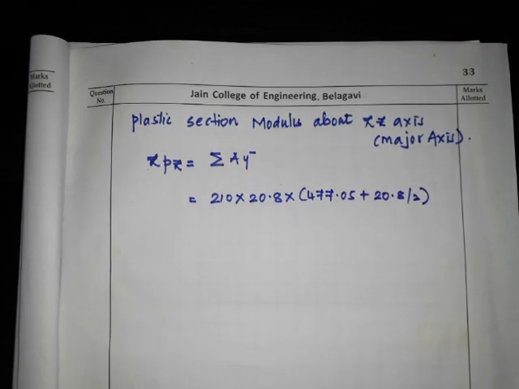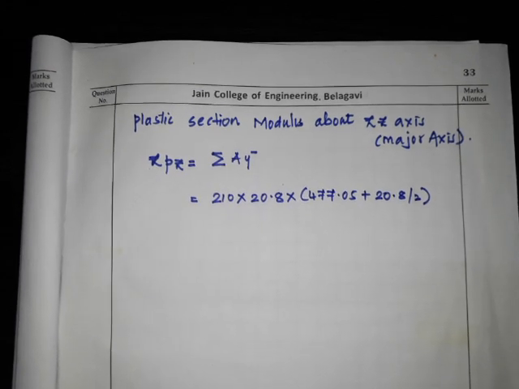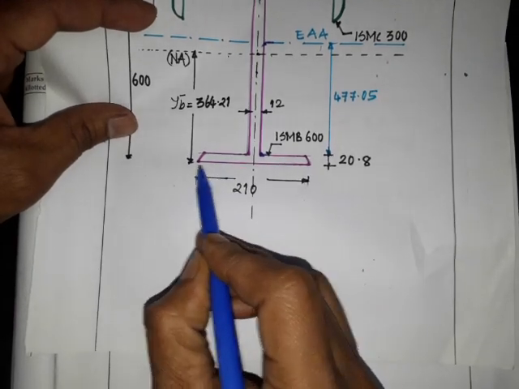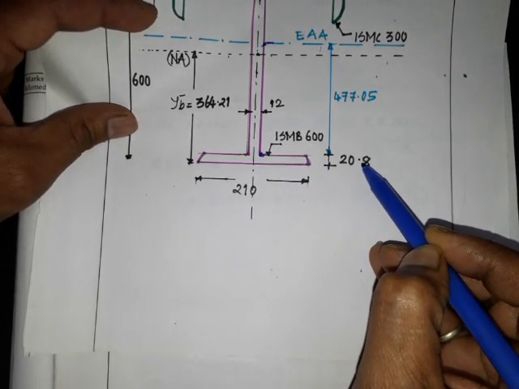That is for the bottom flange. I'll explain here: 210 into 20.8 is the area, into y bar.